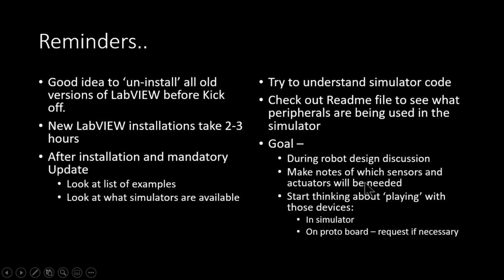Whether it's limit switches, encoders, or sonar, you need to comprehend what the design will require to facilitate the motion that's part of the strategy. Now, if some of this stuff is unfamiliar, you need to start thinking about playing with it to make sure you understand how to implement it.